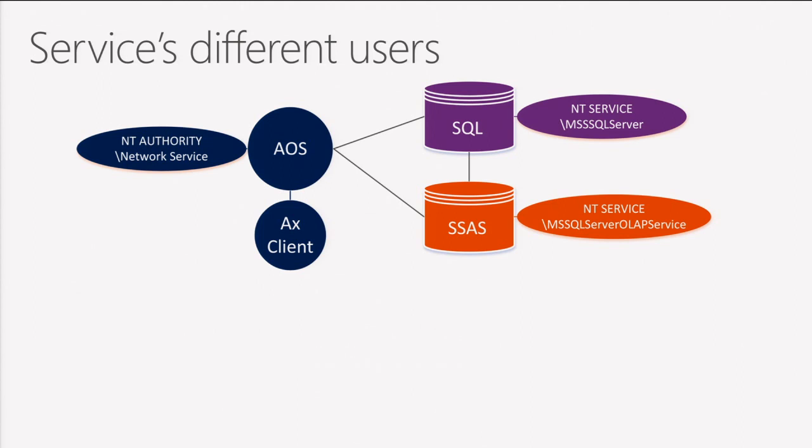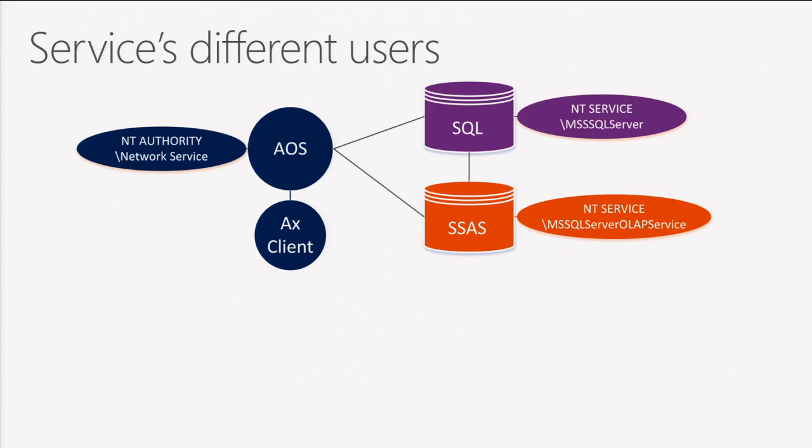In the standard customer environment, all of those services should have different accounts that are used to run them. Here I have given the example that I'll use when I do the demo. In my setup, when I installed AOS and SQL and SSAS with the default settings, I got the Network Service as the user for the AOS. For the SQL, I got MSSQLSERVER as the user that is used to run SQL.